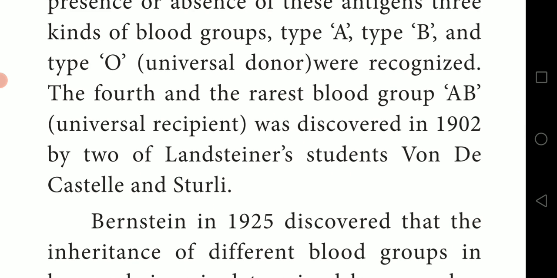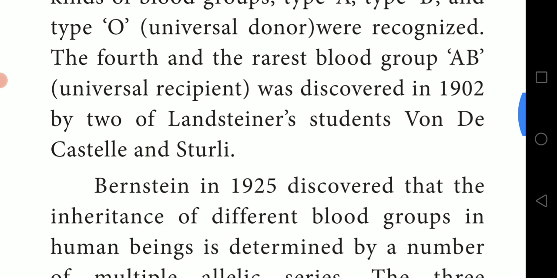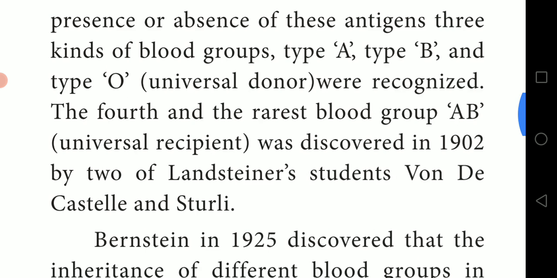O blood group is called the universal donor. The AB blood group was discovered in 1902 by Landsteiner's students Von Decastello and Sturli. These two students identified the AB blood group, the rarest blood group, called the universal recipient.